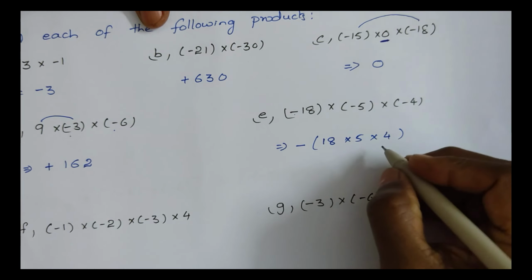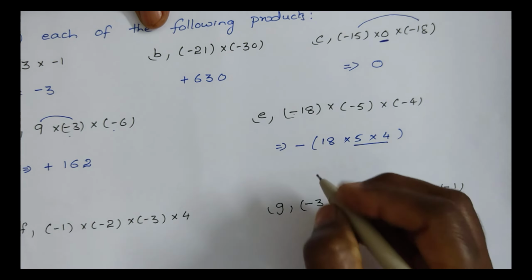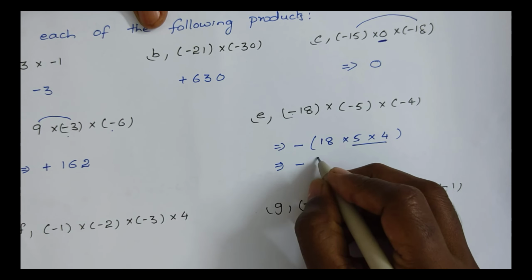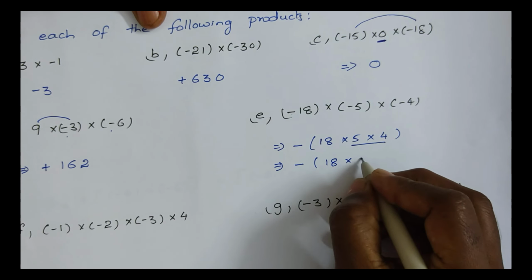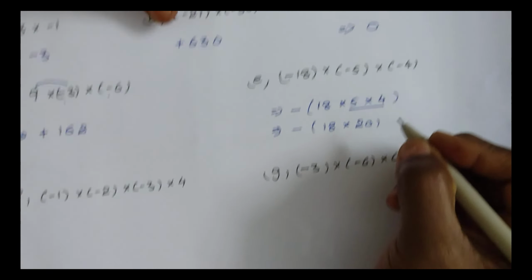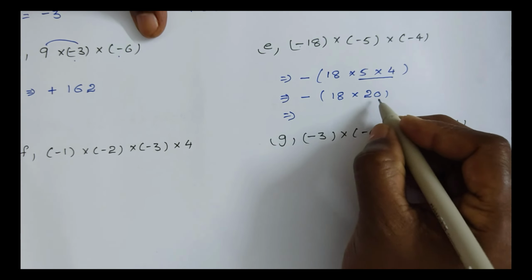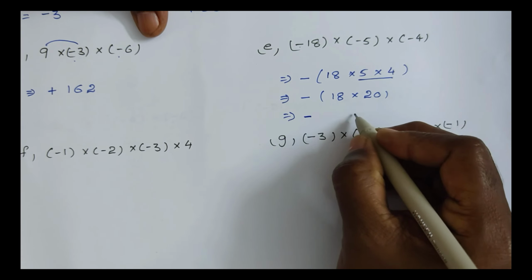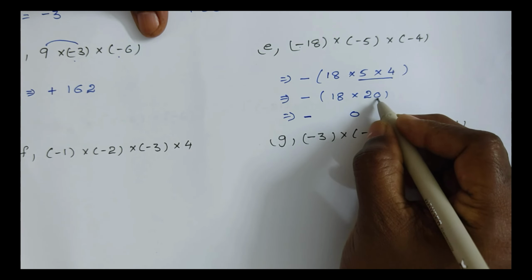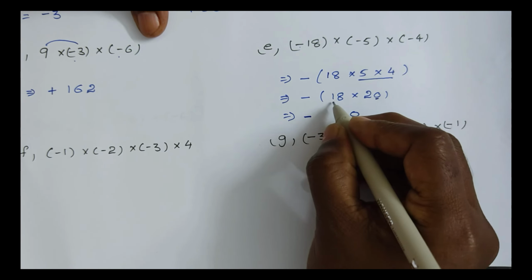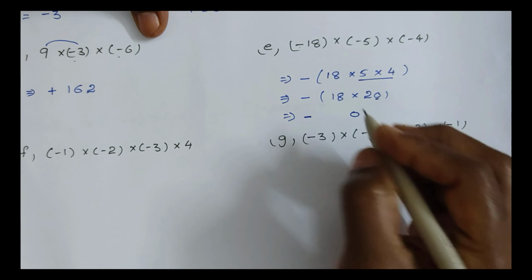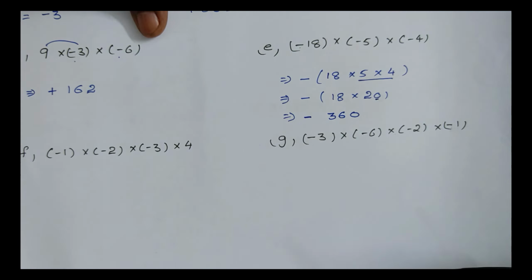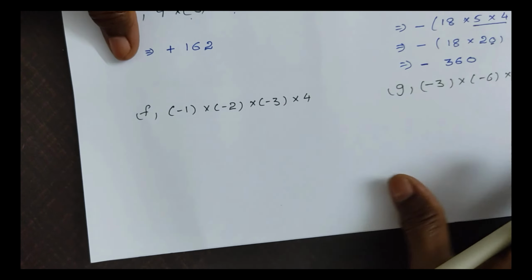So to make it easy, let us multiply 5 into 4. What is 5 into 4? You get 20. Now it is very simple to multiply. 20, the units place will be 0 because we are having a 0 here. Now multiply with 18 times 2. 18 2s are 36. So the final answer you are getting is minus 360.